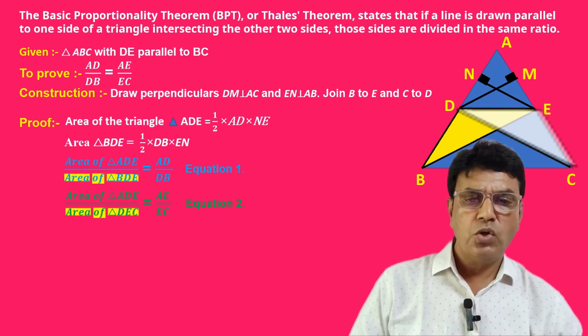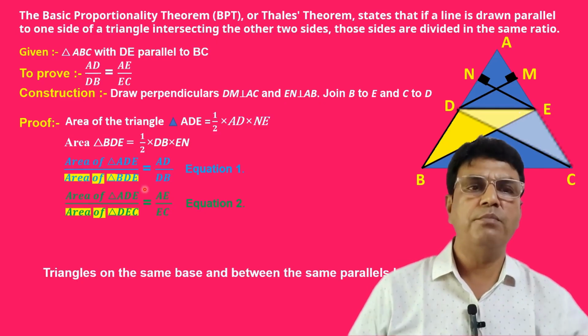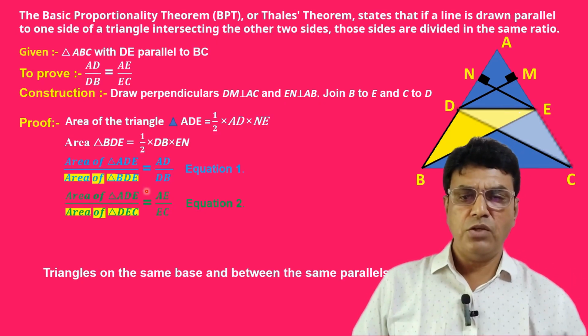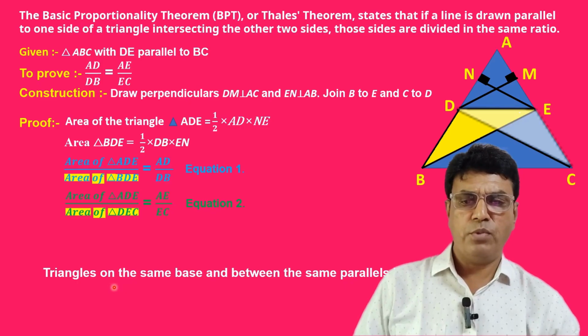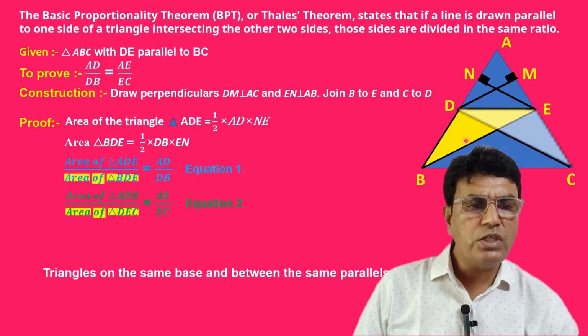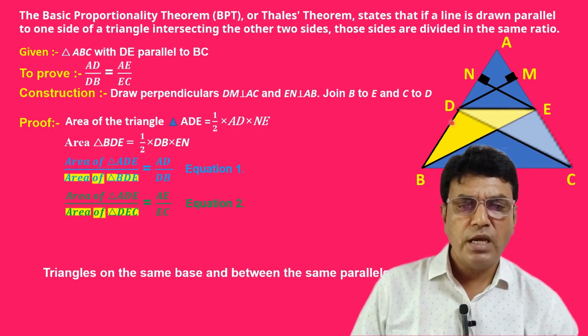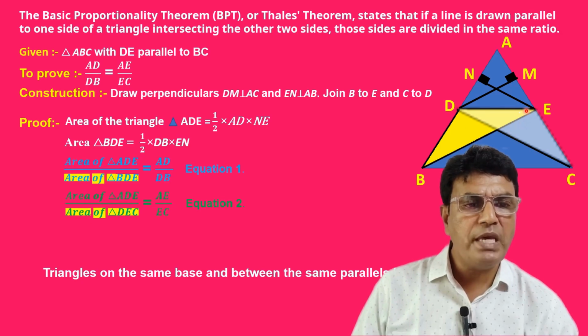Okay, so to prove that these two are equal, that is the area of triangle BDE and the area of triangle DEC, we just need to remember one very important theorem, and that theorem is triangles on the same base. If you observe these two triangles here, triangle BDE and triangle DEC, you will find that these two triangles are lying on the same base here, and the base here is DE.